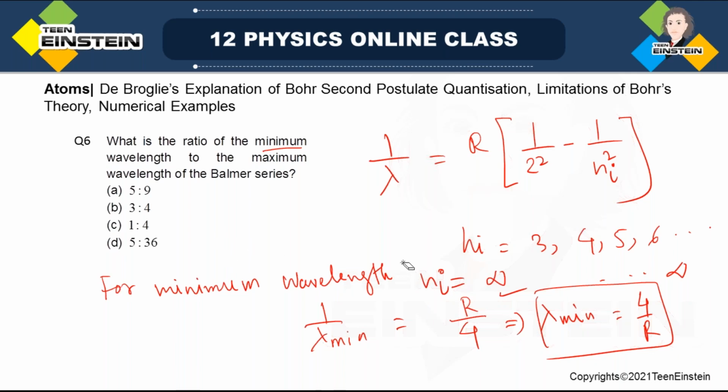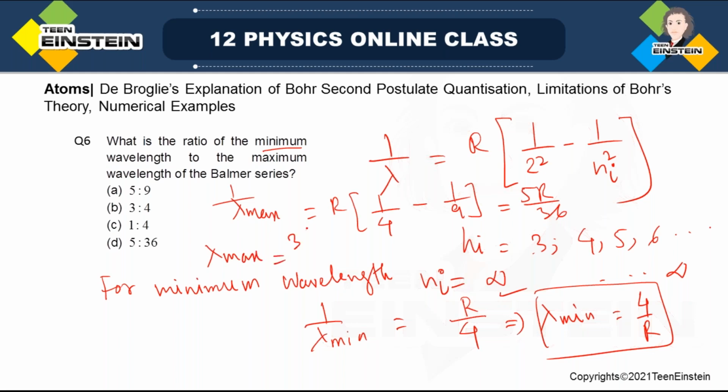The wavelength will be maximum for the first Balmer line, which is n_i equal to 3. So this is R into 1 by 4 minus 1 by 9, which we have calculated to be 5R by 36. So the maximum wavelength is 36 by 5R.